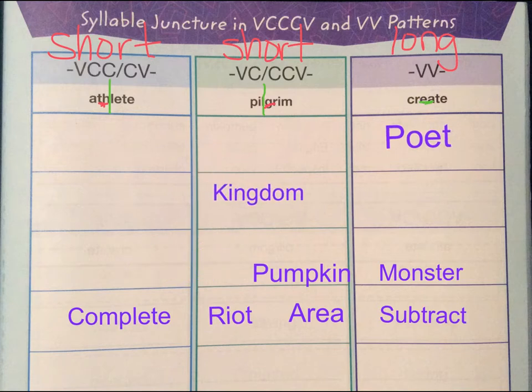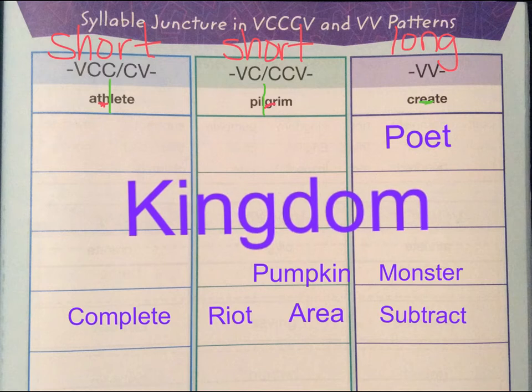Let's look at our next word, kingdom. Kingdom. So when you look at kingdom, let's think about how our syllables are separated. Kingdom gets separated right in between the G and the D. And so we can see that kingdom has the blend sound of the NG in the first syllable.